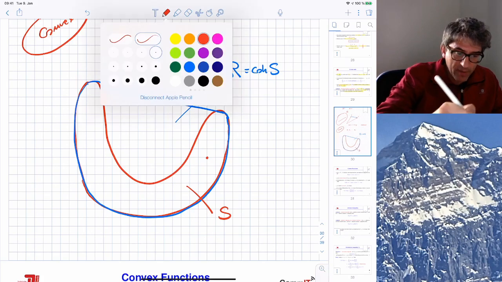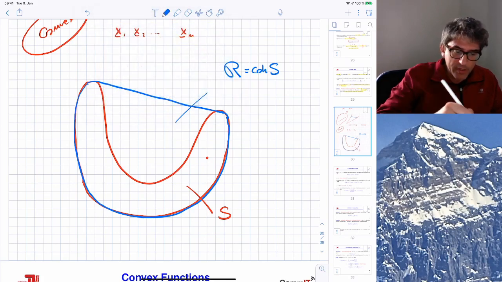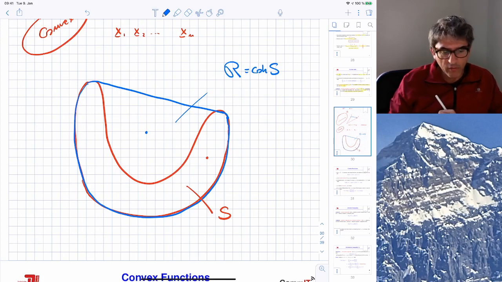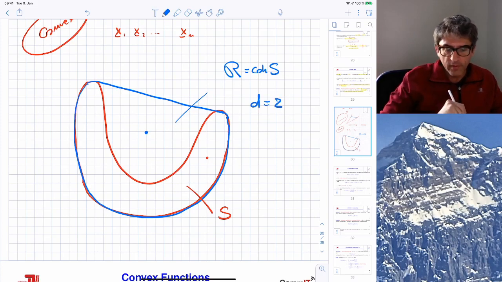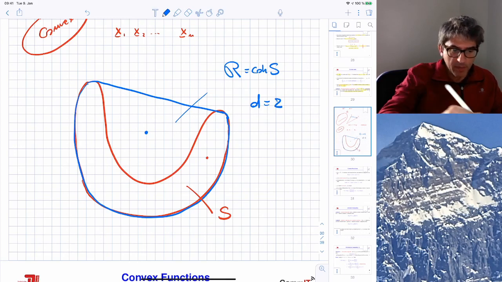So it remains to be seen what happens to points that are not in S, but they are in R, in the convex hull. And the theorem says that any point in the convex hull can be written as the convex combination of 2 points in S. Why 2? Because here D is equal to 2. We are in the 2-dimensional space.